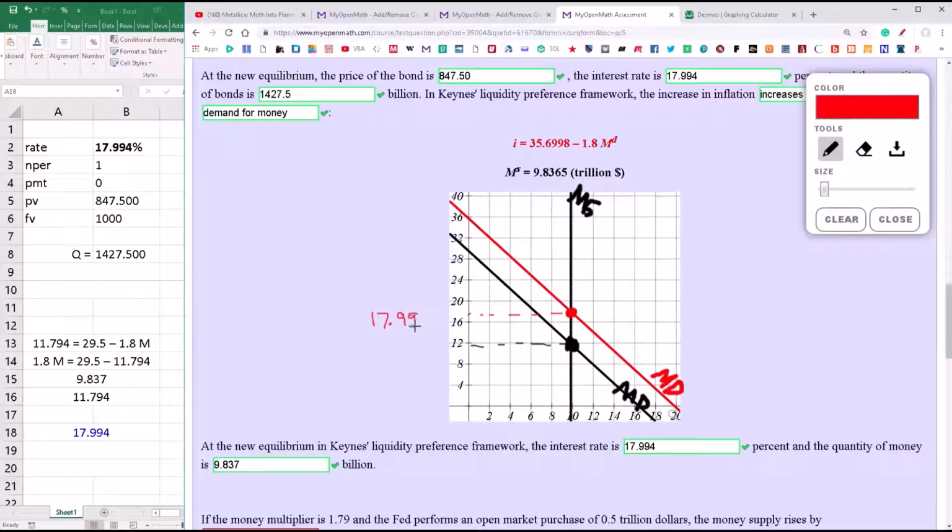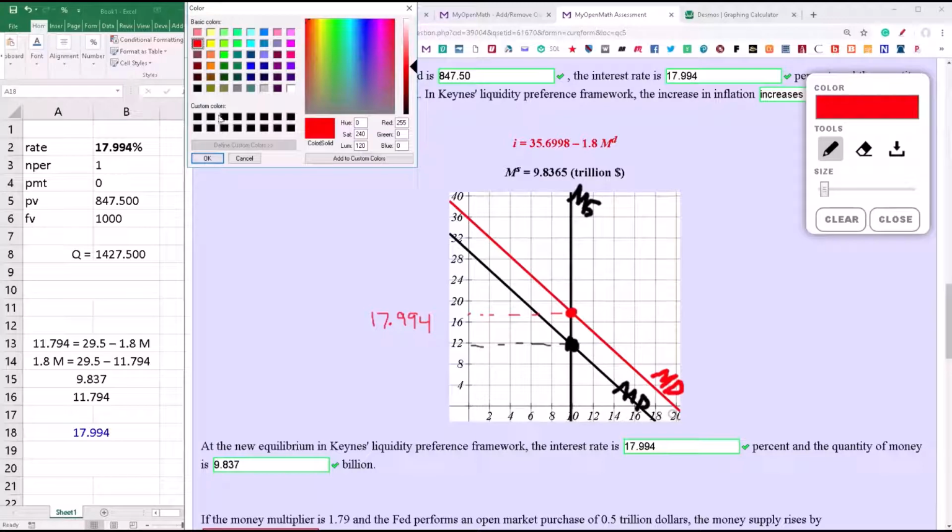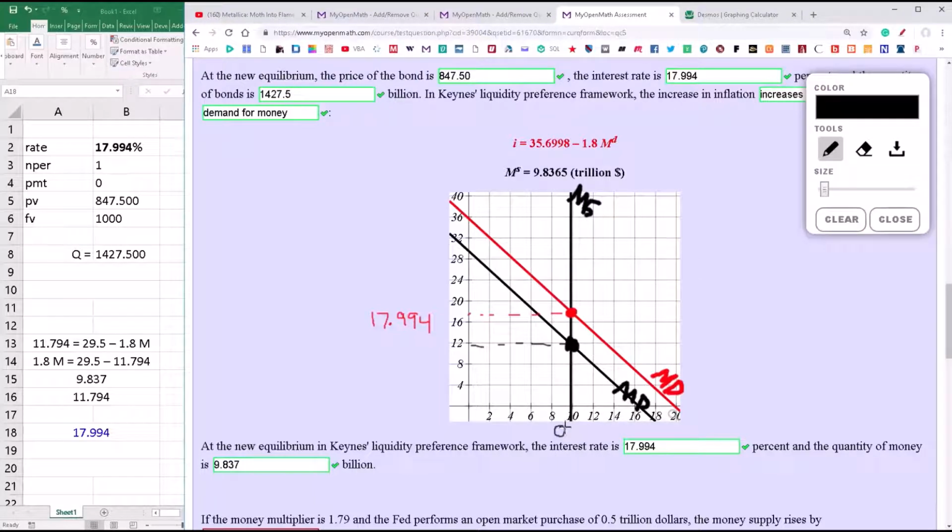Almost 18, right at 18, right? The quantity of money is 9.837. This is the quantity of money here, and this is the price of money, the nominal rate of interest.